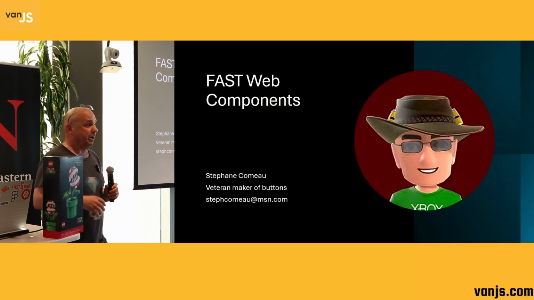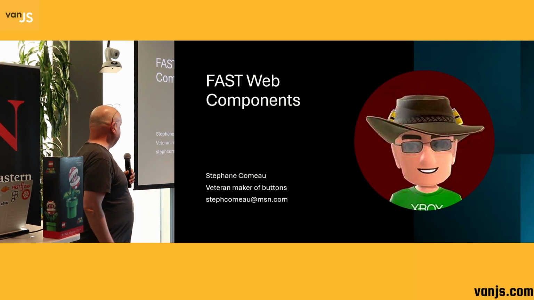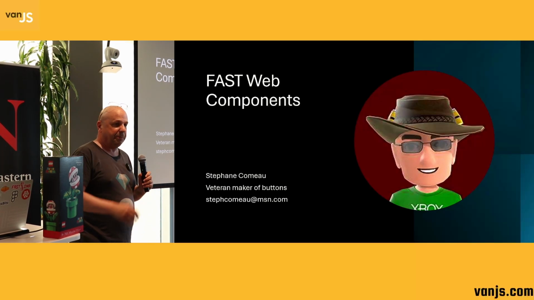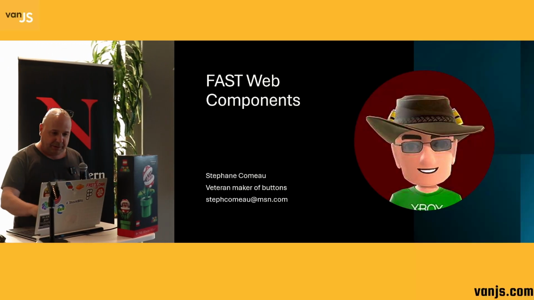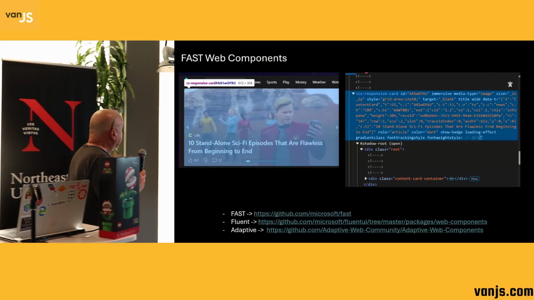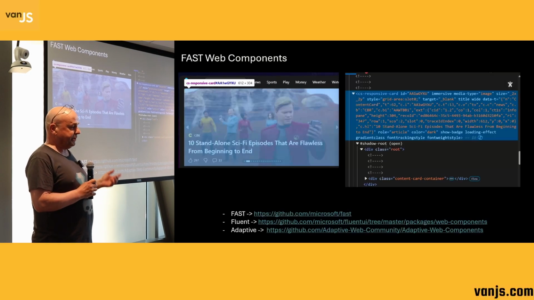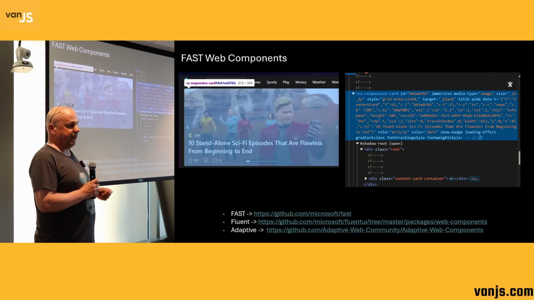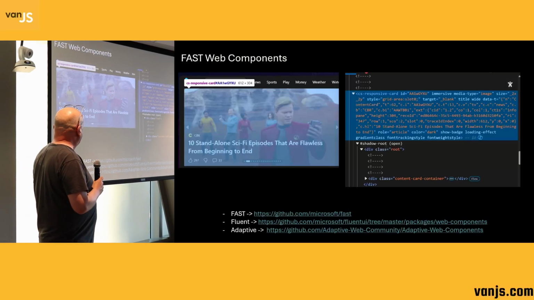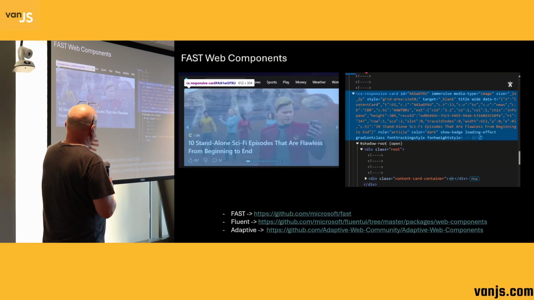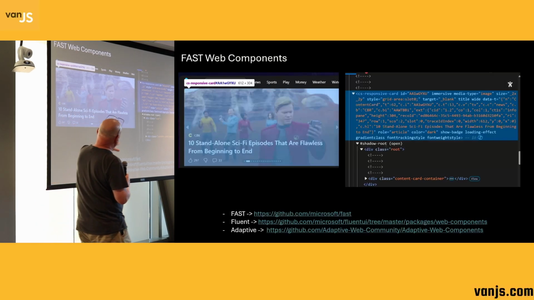But I just want to give you a really introductory talk about FAST web components and web components generally. FAST web components were developed by Microsoft primarily to use in Microsoft Edge and MSN. You might find them in some of the Copilot stuff. If you go to an MSN page and you click on a card and inspect it, you'll see here's a web component.